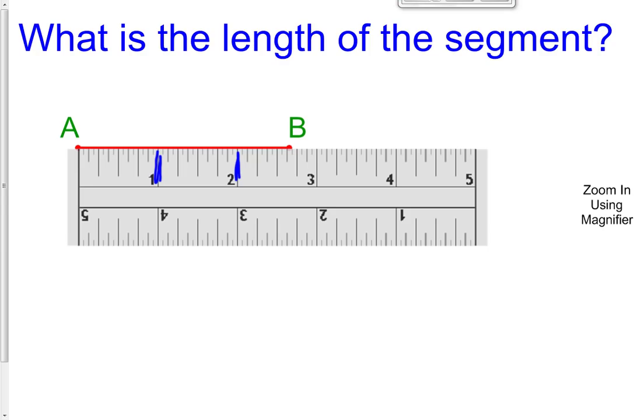These longer marks are a quarter, half, 3/4. And then half of a quarter is an eighth. So this looks like it is 2 inches and 1/8, 2/8, 3/8, 4/8, 5/8 of an inch long. So segment AB is 2 and 5/8 inches.